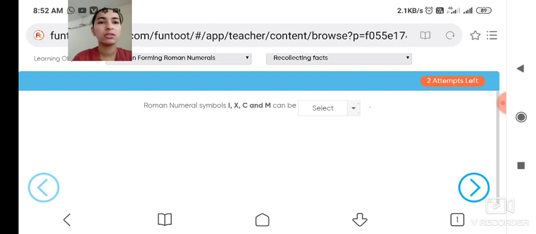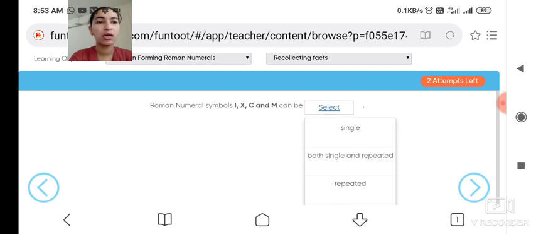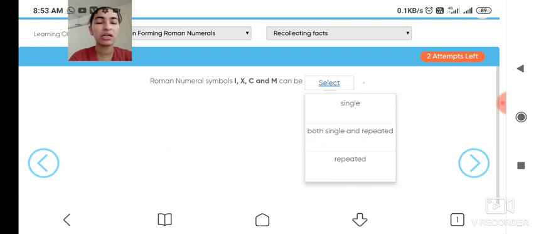Roman numerals, symbols I, X, C and M can be repeated. I stands for 1, X stands for 10, C stands for 100 and M stands for 1000. They can be single or they can be repeated.